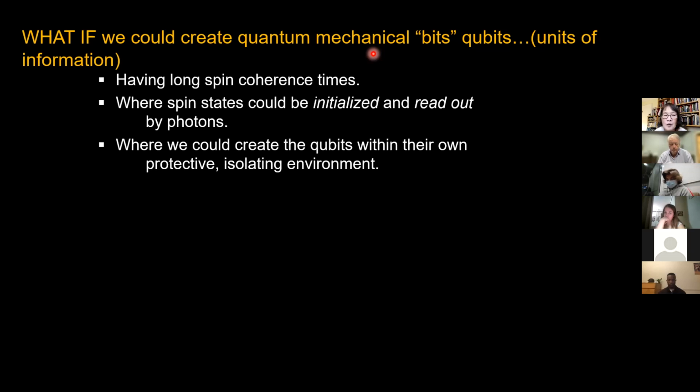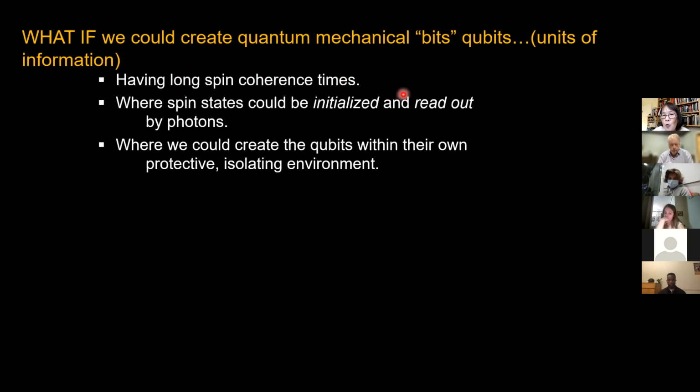I'm not going to give you the broad brush, but in posing this question, I'm going to suggest some of the desirables about qubits that we might want if we're looking for a system.